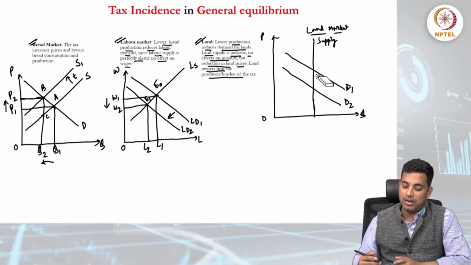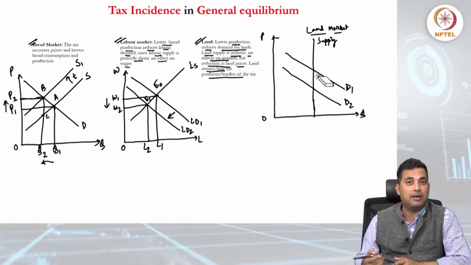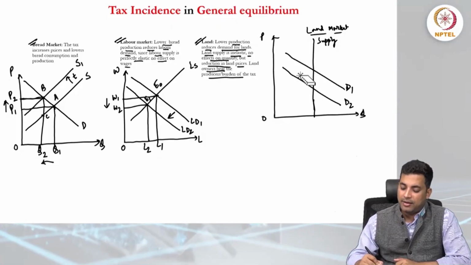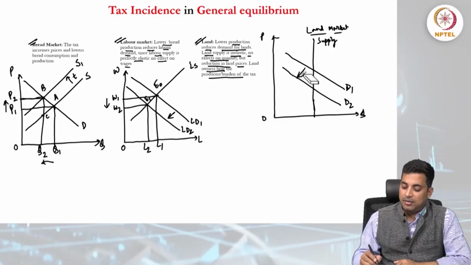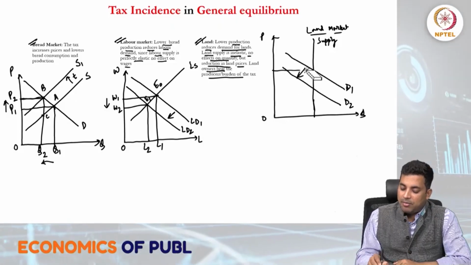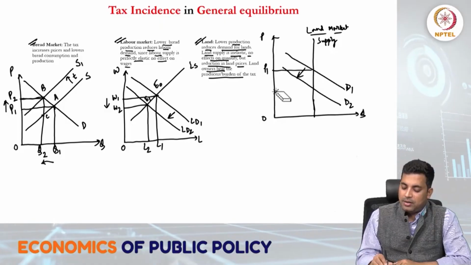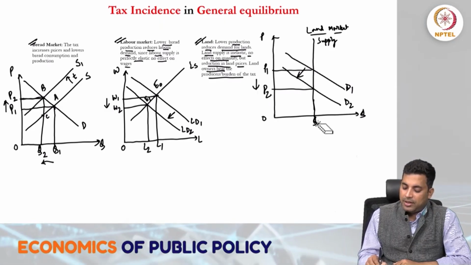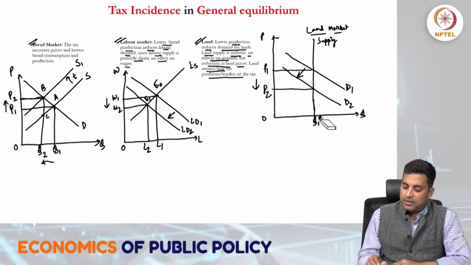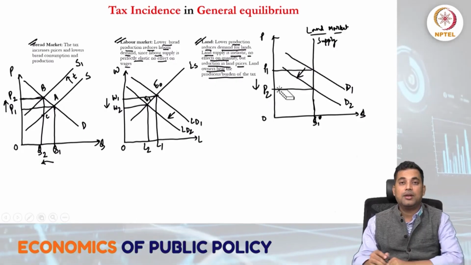Because land supply is inelastic, the demand curve will shift downward, and the initial price was P1, now it is P2, but the quantity is fixed at Q1 star.